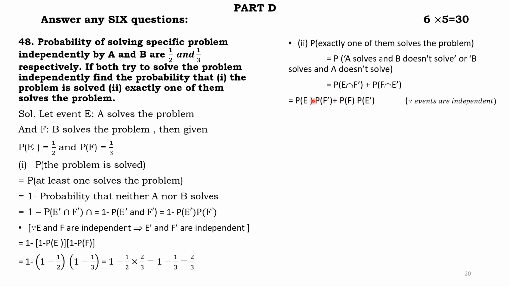Therefore, probability of E into probability of F dash plus probability of F into probability of E dash, since the events are independent. Therefore, that is half into 1 minus 1 by 3 plus 1 by 3 into 1 minus half, that is equal to 1 by 3 plus 1 by 6 equals 3 by 6, that is equal to half.